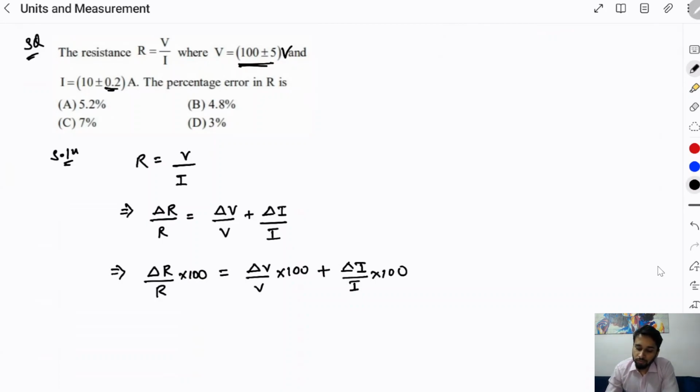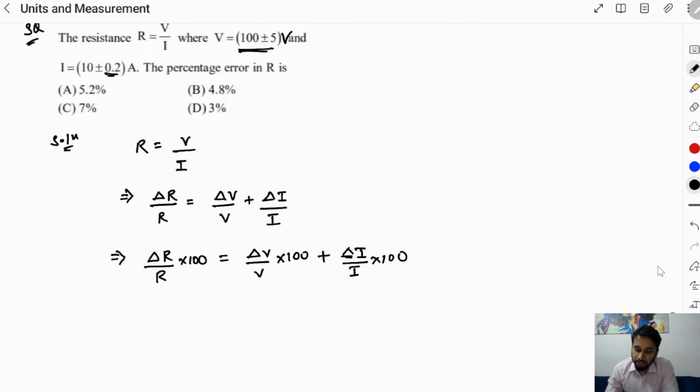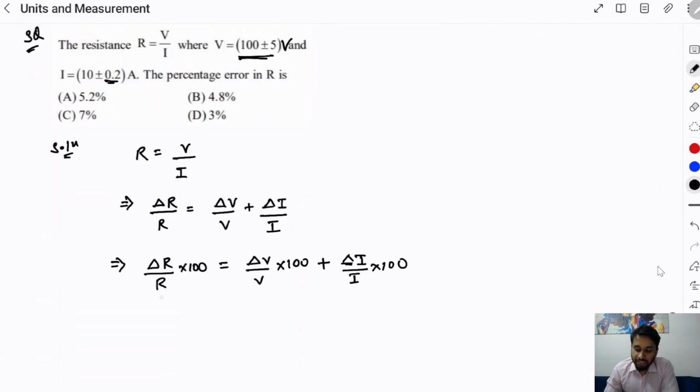Okay. So what is happening here? Percentage error in resistance will be percentage error in voltage plus percentage error in current. So this is for maximum possible error. So in maximum possible error, we take everything as positive.